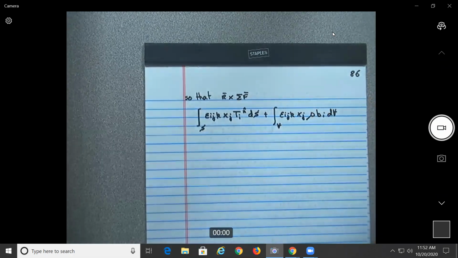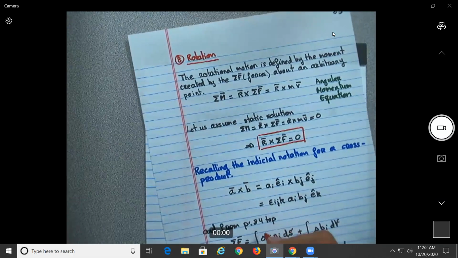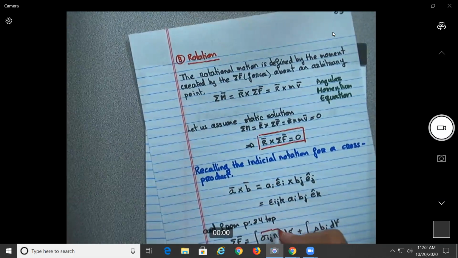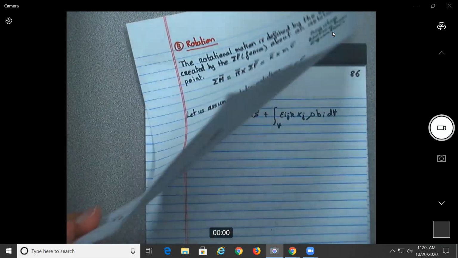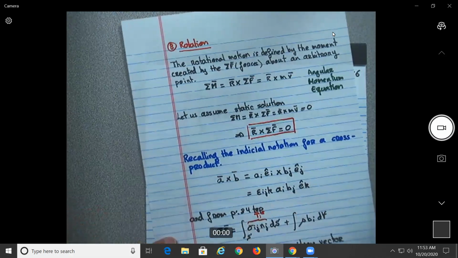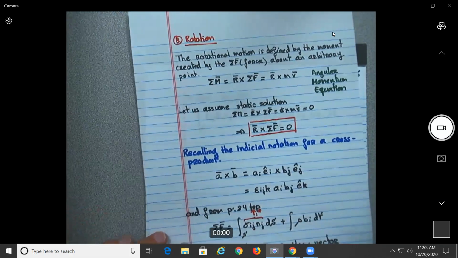All right, previous page. I'm doing stuff backwards now. This is the definition of the Cauchy stress tensor. Okay.